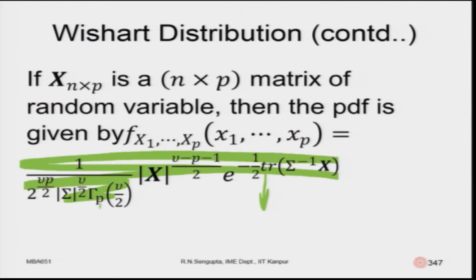This p is the number of random variables, this is the gamma function value, this is the variance covariance matrix, p as I discussed is the number of random variables, v is basically the degrees of freedom. So, all these things are known to us.